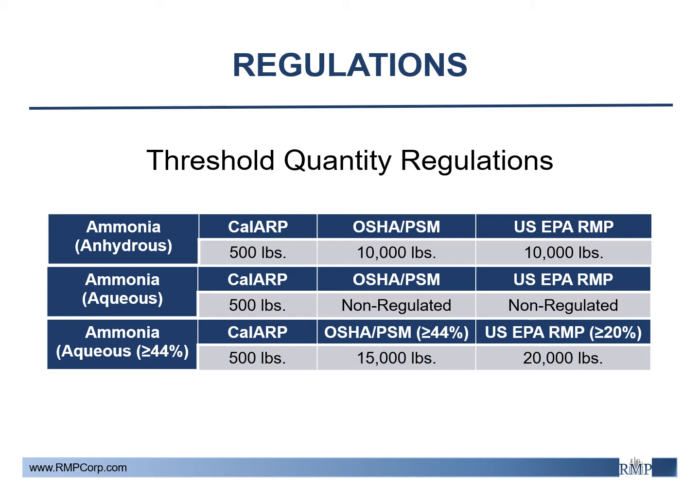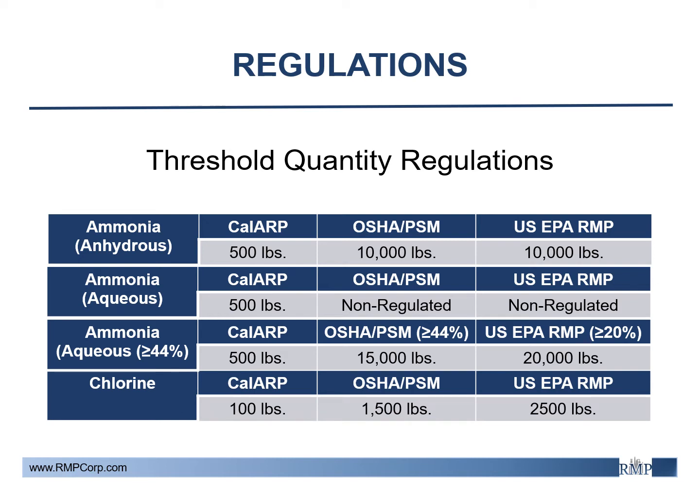For OSHA PSM, however, any aqueous ammonia above 44% exceeding the 15,000 pound limit will be regulated. And for US EPA RMP, with a solution greater than 20% and 20,000 pounds total, you'll fall under the RMP regulations.